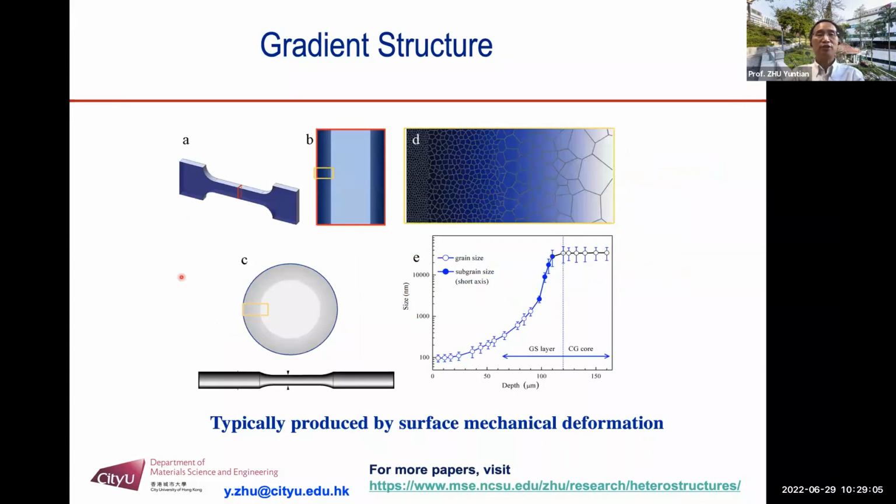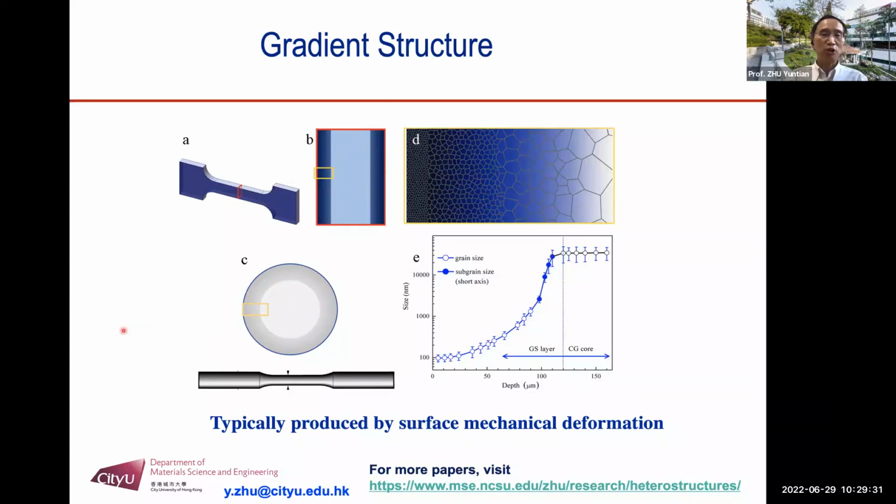Gradient structure has also been extensively reported. There are two types of samples with gradient structure. One is a gradient plate like this. Okay, you get a nanostructured surface, and in the center you get a coarse-grained center, and if you look at the grain size distribution, here's the cartoon.